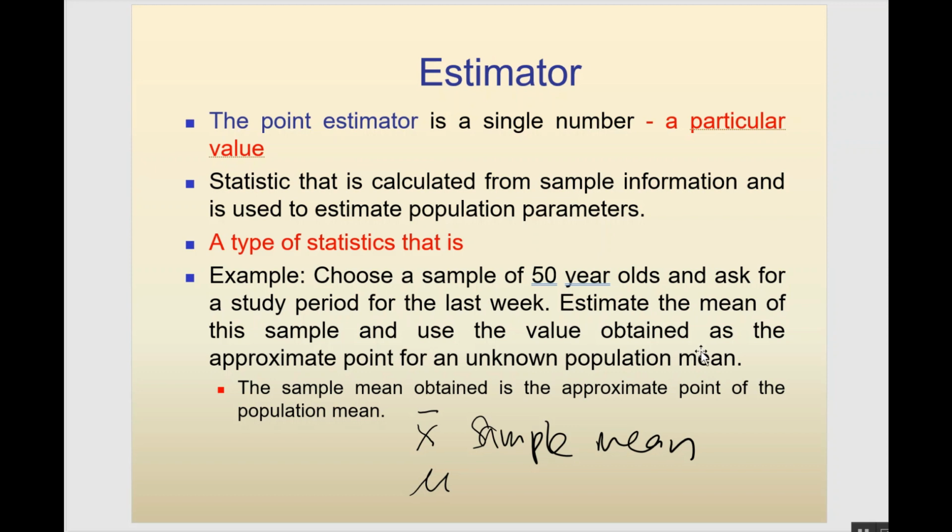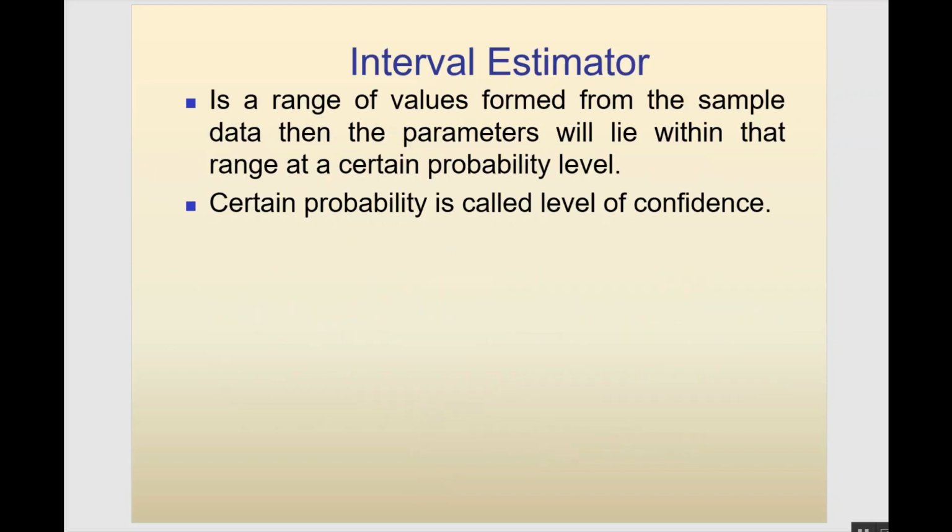Compared to that, another type of estimate is the interval, which is a range. An interval estimate is defined by two numbers between which a population parameter is said to lie.